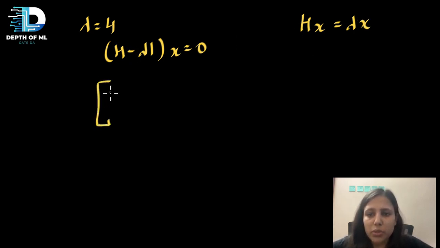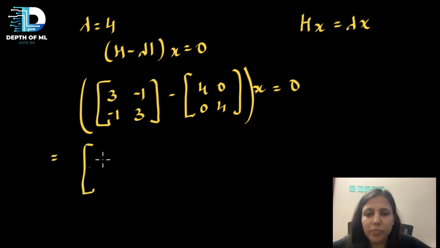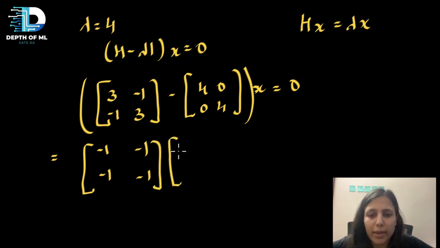Now let me do this. My matrix is [3, -1; -1, 3], right? And my lambda I is [4, 0; 0, 4], right, into x equals 0. So this is nothing but 3 minus 4 is -1, minus 0 is -1, -1 minus 0 is -1, and 3 minus 4 is -1 again, right, into [x1, x2] equals 0.